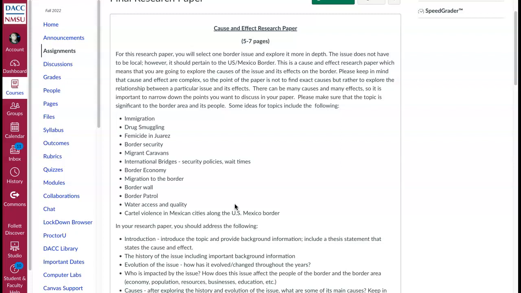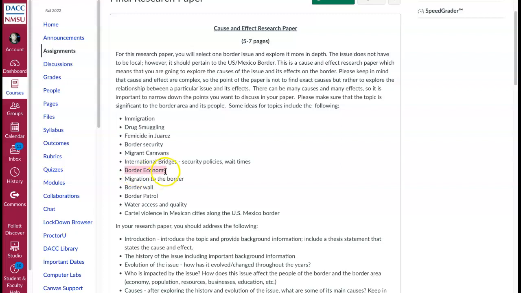So you want to make sure that you narrow down your topic by the issue you want to discuss, but also the time frame. When it comes to the border economy, again, that's a very broad topic, but you want to look at shopping trends along the border. You also want to look at pricing.